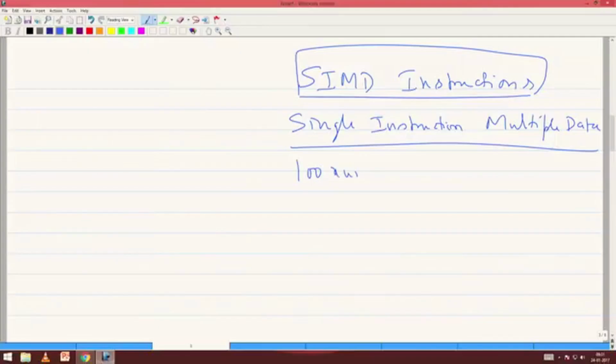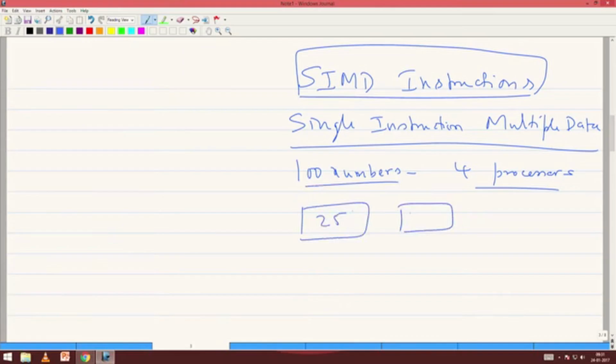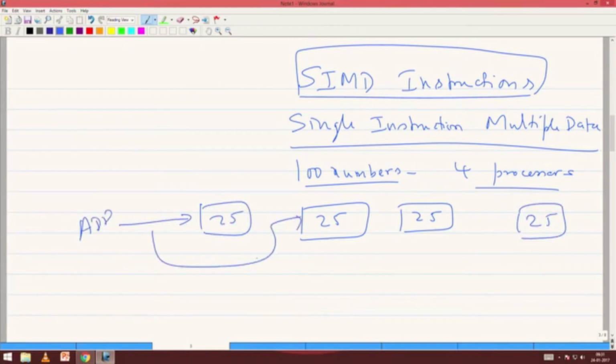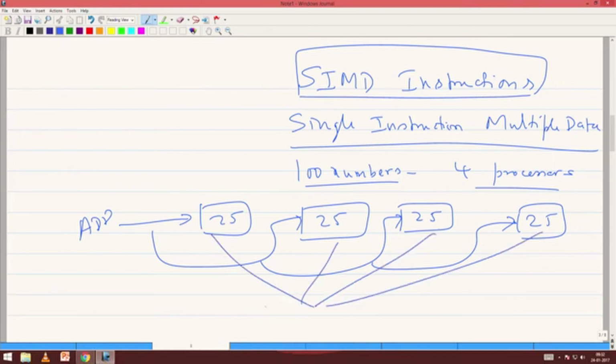Suppose I have 100 numbers and 4 processors. I give 25 numbers to each and say add, one single instruction to all of them. Each will give me a result, and then one of these processors will do an add and give me an answer.